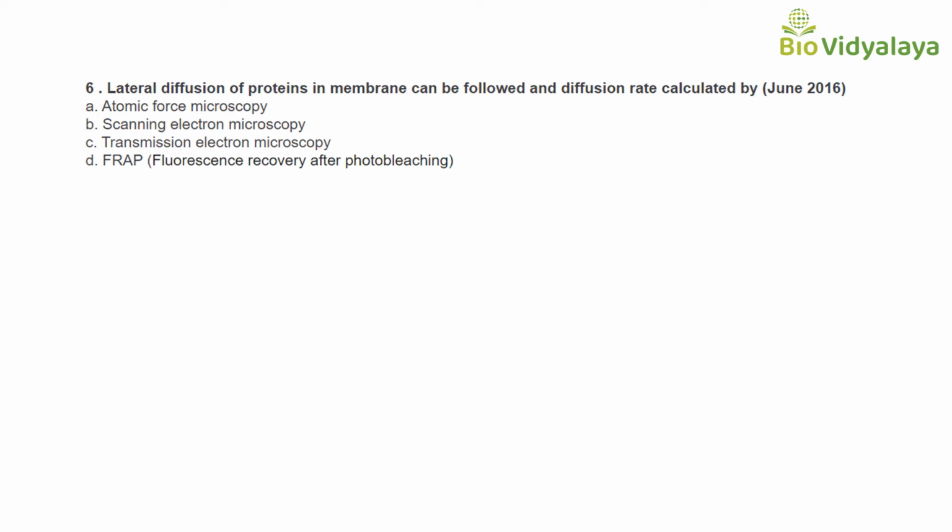Lateral diffusion of proteins in the membrane can be followed and diffusion rate calculated by: option A, atomic force microscopy; option B, scanning electron microscopy; option C, transmission electron microscopy; and option D, FRAP, fluorescence recovery after photobleaching. Which method is used to determine lateral diffusion of proteins in the membrane? Yes, this is FRAP. Option D is the correct answer.